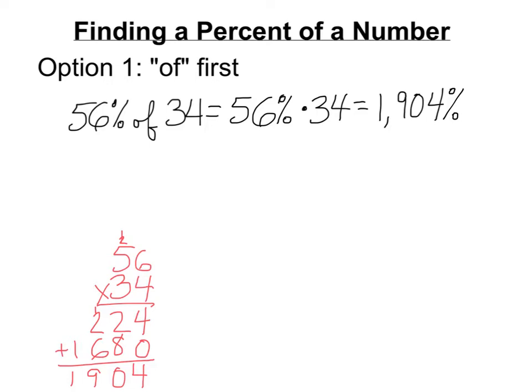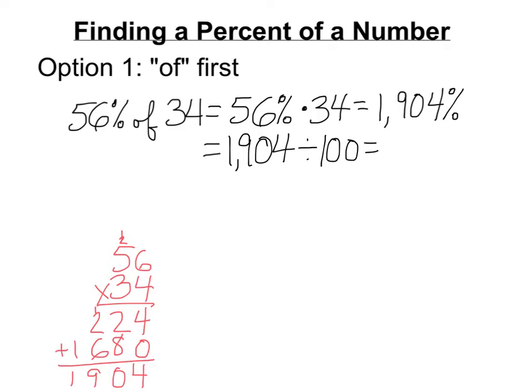Now we're going to take advantage of that rule that we learned earlier in a different video, that you can always replace something with what it's the same as. So I'm going to replace this percent sign with what it's the same as. So I still have a 1,904, but percent means divide by 100.